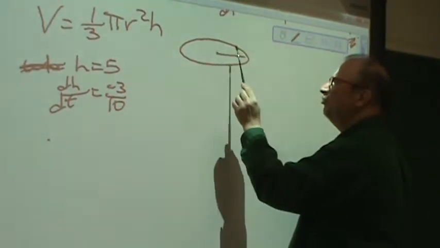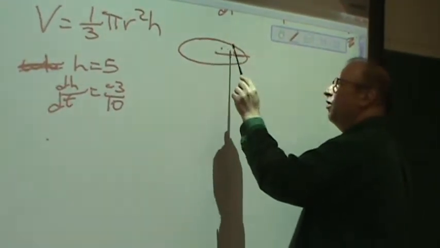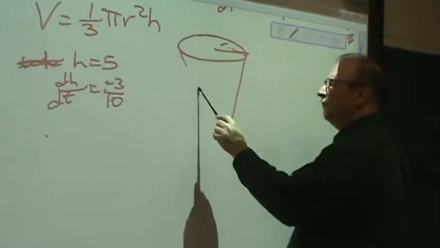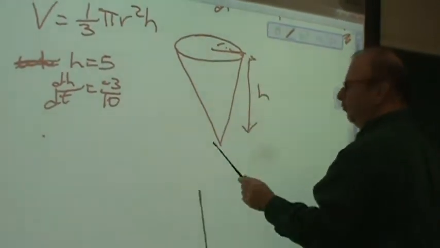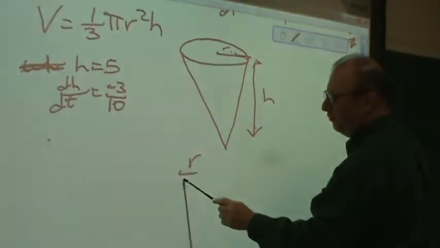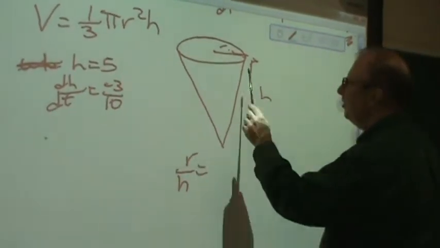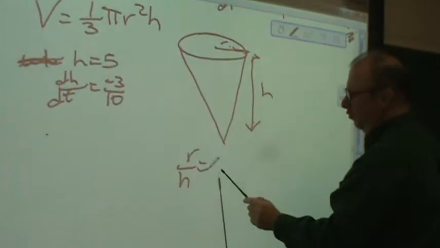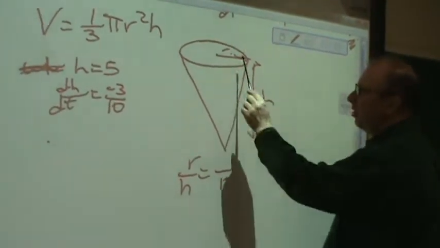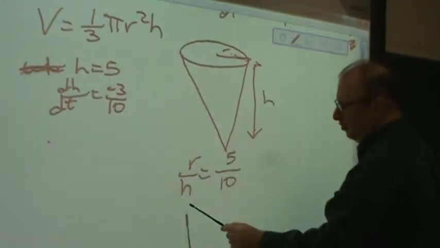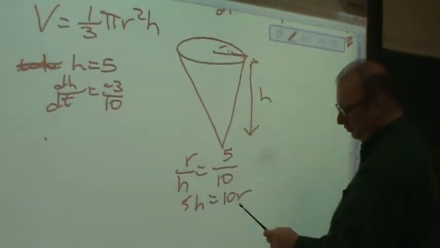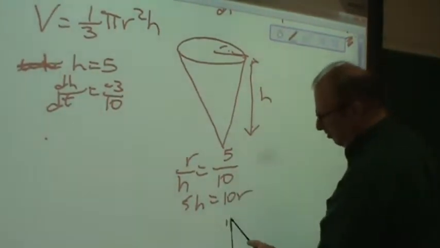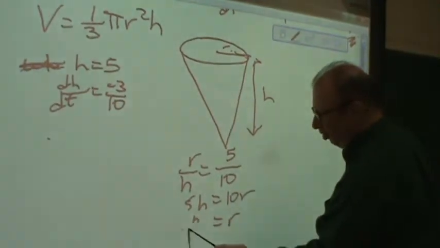We know of a relationship between R and H. The relationship of R to H, when H was 10, R is 5. So 5H equals 10R. And if that's the case, R is equal to H over 2.